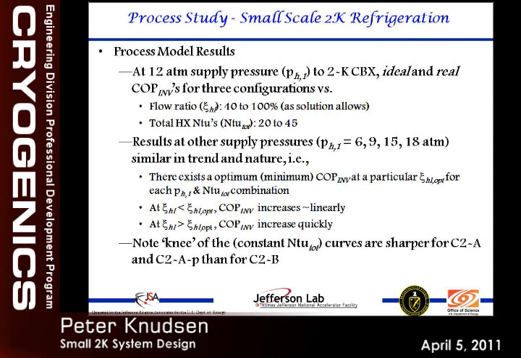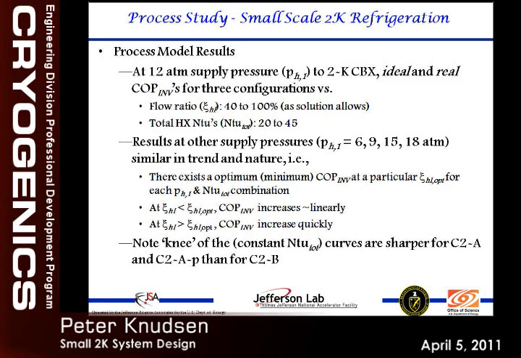All right, so process model results. Basically, for those 3 configurations, and also the direct vacuum pump configuration, which we're using as a reference, we looked at the following slides we're going to go through. We did them at a range of pressures, but the ones I'm going to show you, so we don't throw a million of these things at you, are at 12 atmospheres.